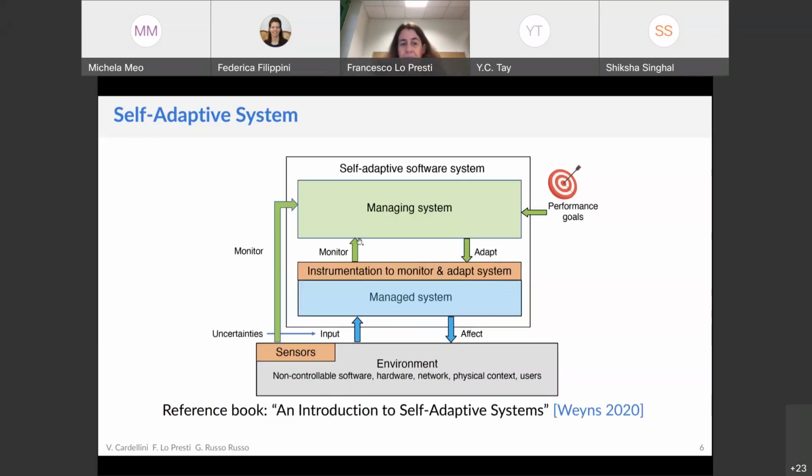In this way, providing the monitoring input to the managing system, we are able to control our managed system and mitigate the uncertainty that we can have from the environment. And a very nice introduction to self-adaptive systems is provided by this recent book by Professor Danny Weyns.